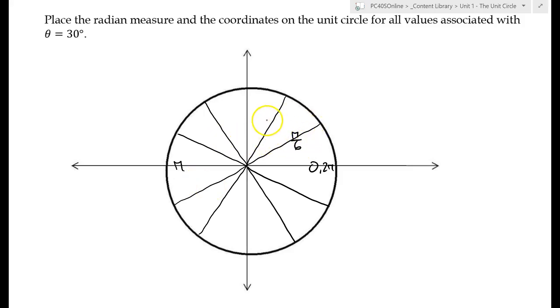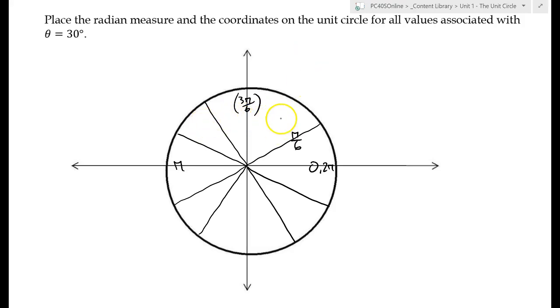So pi over 6, this would be 2 pi over 6, which would actually simplify to be instead pi over 3. This would be 3 pi over 3, or sorry, 3 pi over 6. How about I go through it like this?